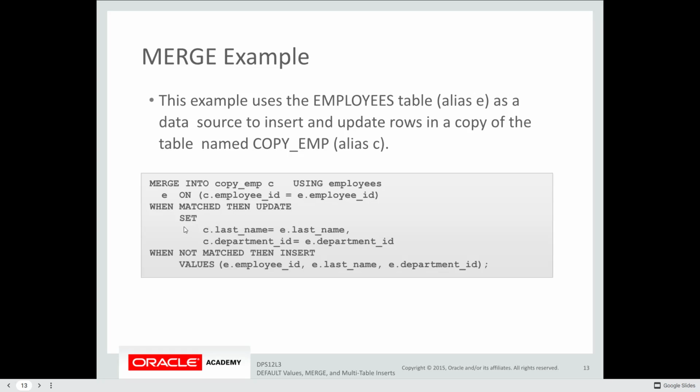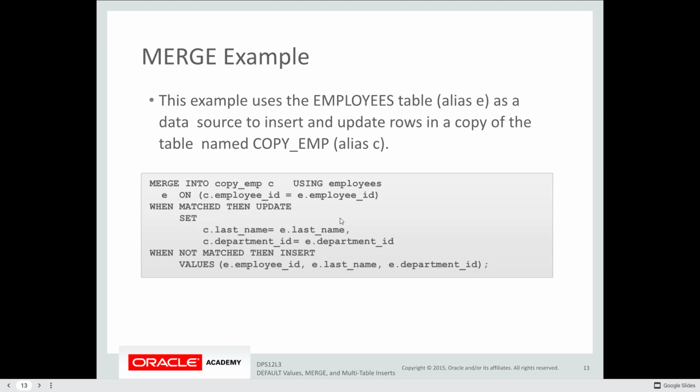When matched, update, set last name equal to last name, department ID equal to department ID. When not matched, we're going to insert the employee ID, last name, and department ID. So update and insert simultaneously. But there is a condition. So basically, if you have an issue with a copy table, or even correlated or related tables, you can run this merge command to update or insert data.